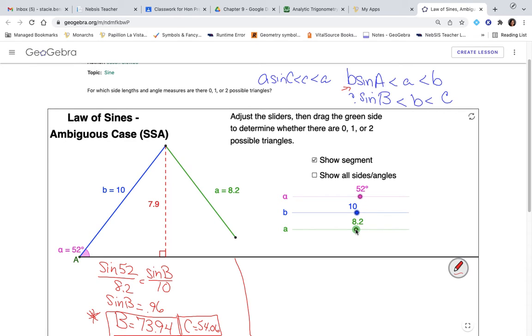54.06. Okay? Now we've got to go find side C, and we're going to say the sine of 54.06 over C equals the sine of 52 over 8.2. So when we cross multiply here, C times the sine of 52 equals 8.2 times the sine of 54.06.